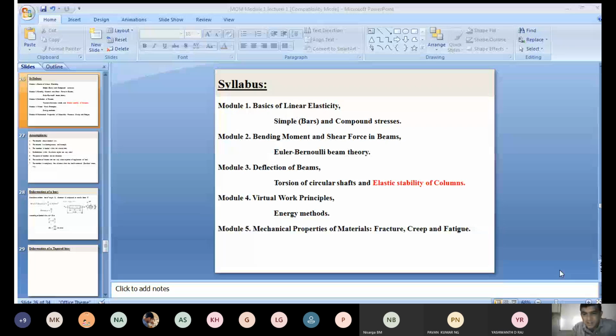Can you give me an example for columns? Columns, pillars, sir. Okay. I'll give one practical application. Suppose you are sitting on a chair, plastic or metallic.